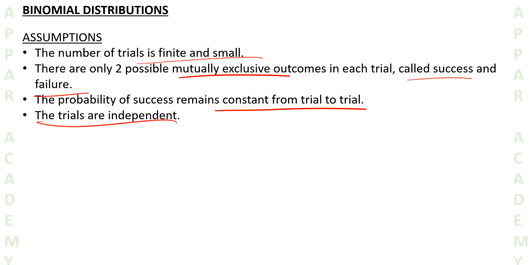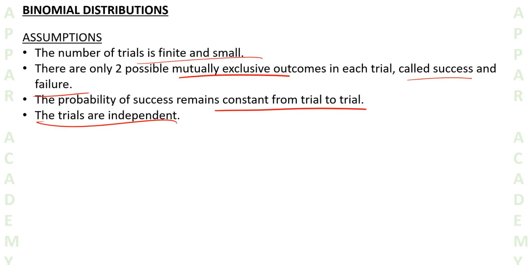Fourth, the trials are independent. So what does this mean? This simply means that each trial is independent. It's not dependent upon any previous trials. Like when we used to talk about permutations and combinations, let's suppose there are 8 balls in a basket, 4 red and 4 black.